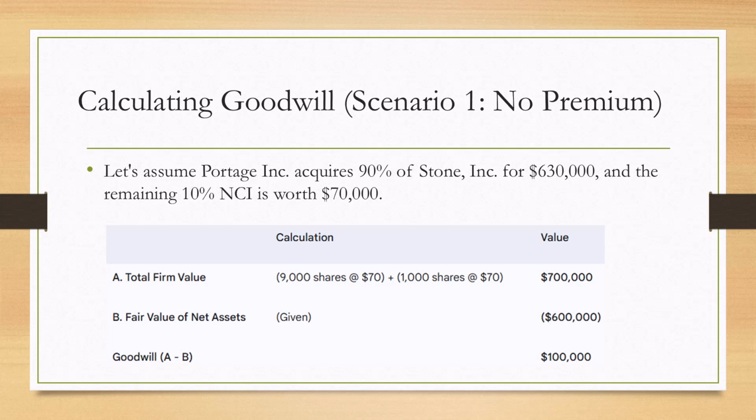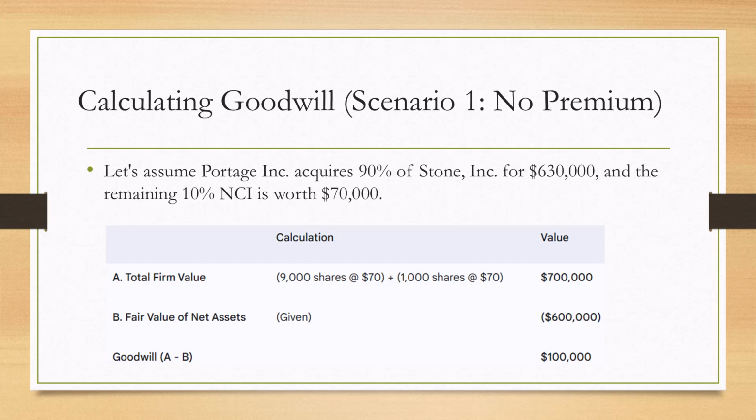Let's walk through an example. In our first, simpler scenario, we'll assume no control premium was paid. Portage Inc. acquires 90% of Stone Inc. for $630,000. The remaining 10% non-controlling interest is valued at its market price of $70,000.